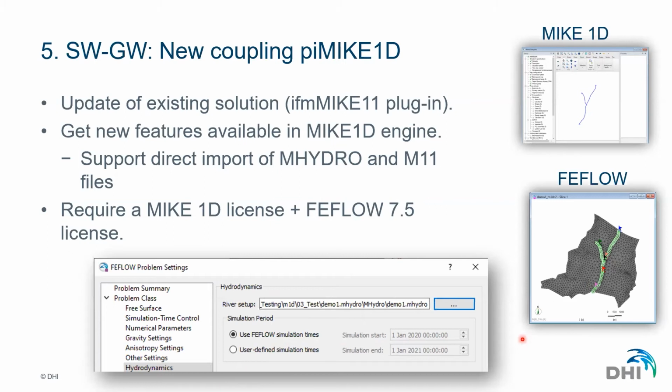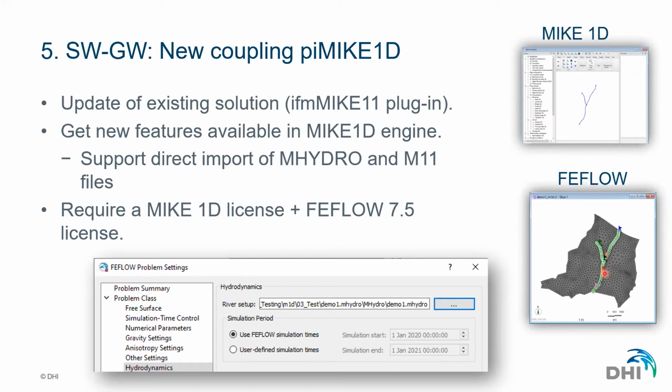FEFLOW will convert on the fly and update the settings to the new engine called MIKE 1D and export a MIKE 1D file. The coupling will happen through the fluid transfer boundary conditions. It will identify on the fly what your river network is, and what your set of nodes associated to fluid transfer BC is. It will do a mapping using some neighborhood relationship and update the values of fluxes or heads depending on the exchange between surface water and groundwater.